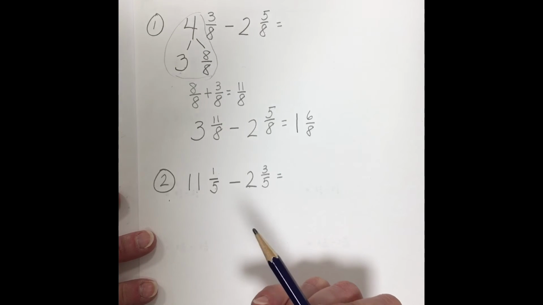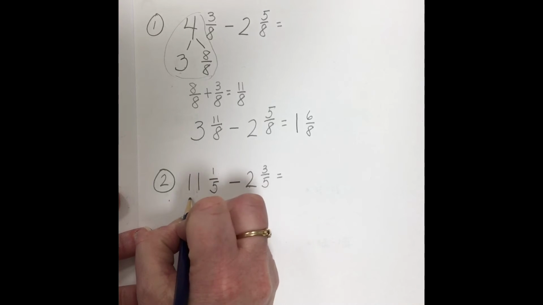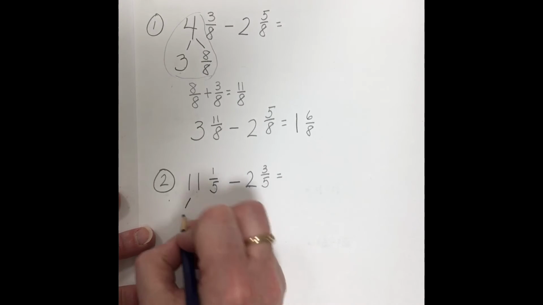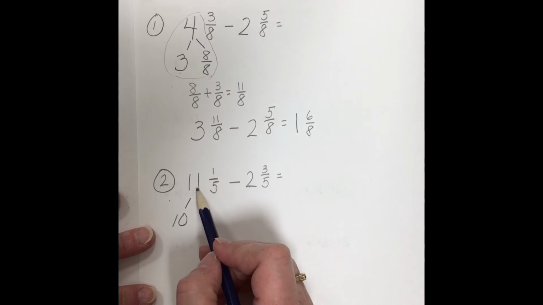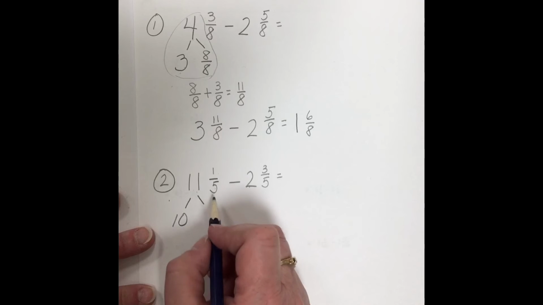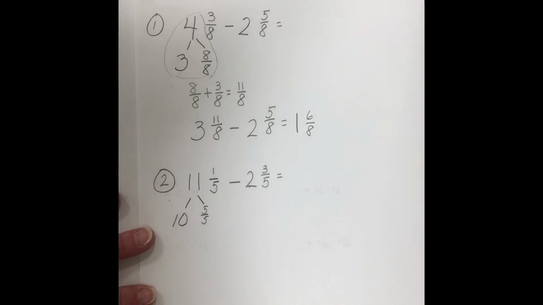So, just like in problem number 1, we're going to regroup. We're going to take 1 away from the 11, which makes it 10. And the other 1, we're going to turn into 5/5, because our denominators are fifths.